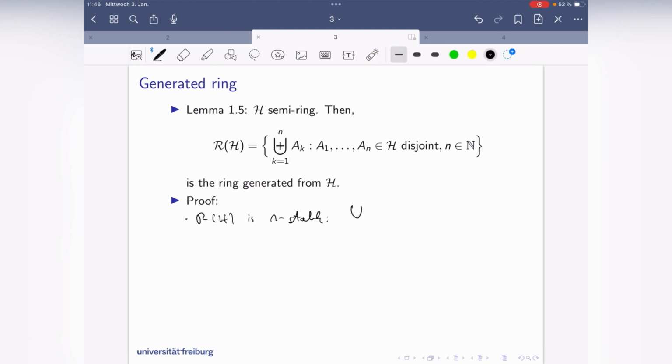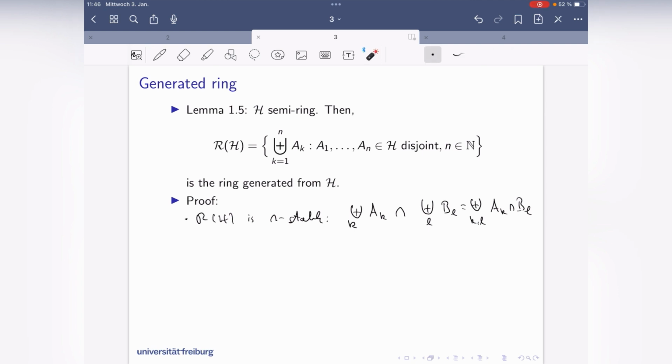If I have this disjoint union of some A_K, and I intersect this with this disjoint union of some B_L, here over K, here over L, I can write this as the disjoint union over K and L of A_K intersect B_L.